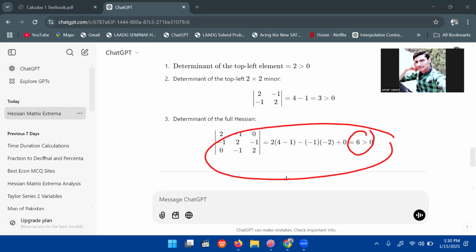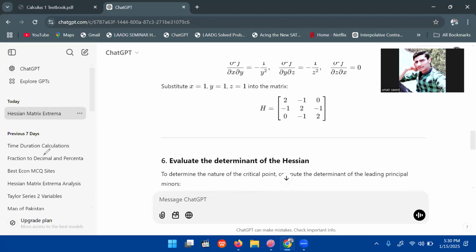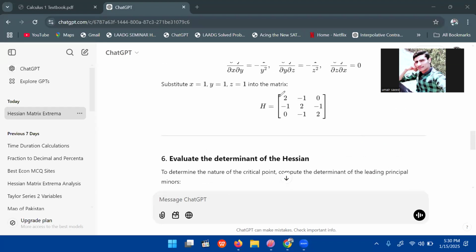And in a similar pattern, you have to check this number. This number is delta 1. Delta 1 is actually this first element. Then delta 1 is 2, and delta 2 is the determinant of this matrix, 2, minus 1, minus 1, 2.